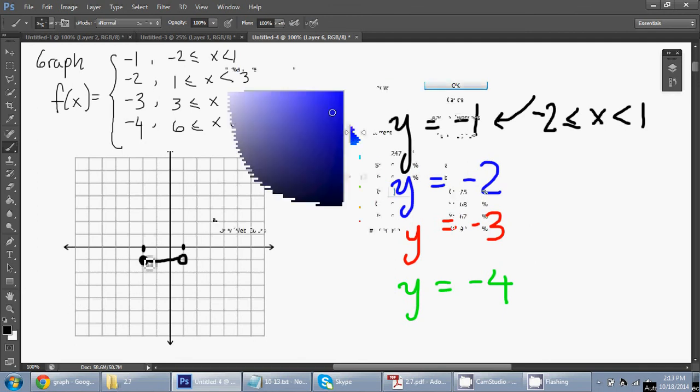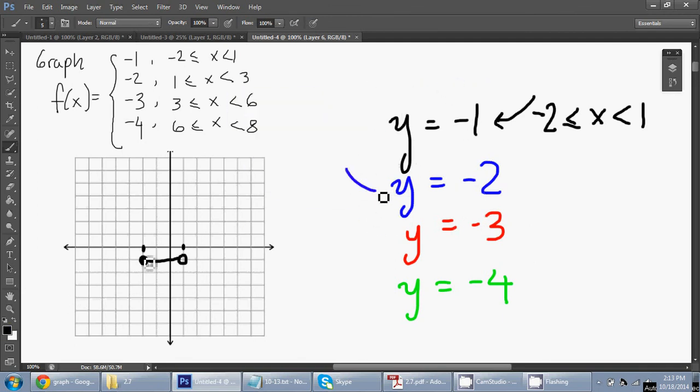And now for the second graph, y equals negative 2, they've given you other conditions, and the conditions for this one are 1 is less than or equal to x is less than 3. This is another way of writing y equals negative 2 when x is greater than or equal to 1. So the first part says x is greater than or equal to 1.